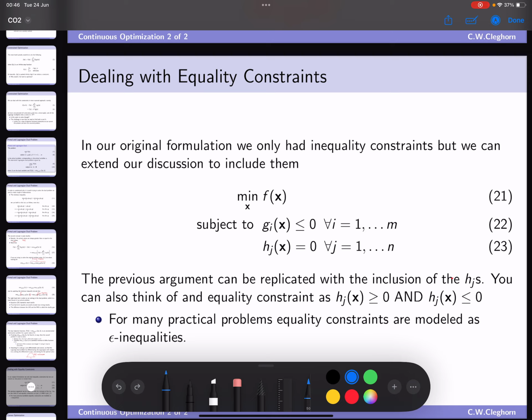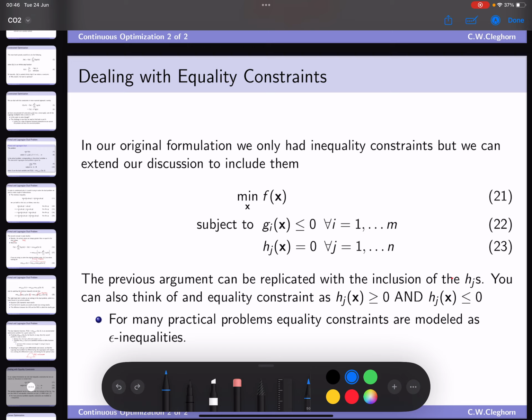And you can replicate the previous arguments in this case with the inclusion of equality constraints. To do this, you just need to recognize that an equality constraint is the same as saying that a function must be greater than or equal to 0 and less than or equal to 0 at the same time. In other words, the only function that satisfies both is equality.